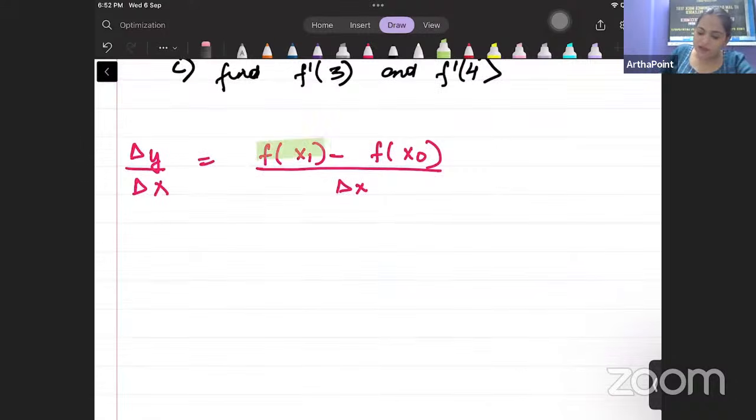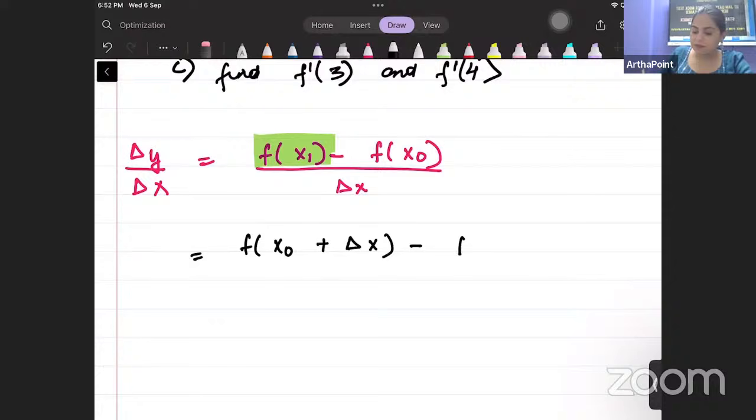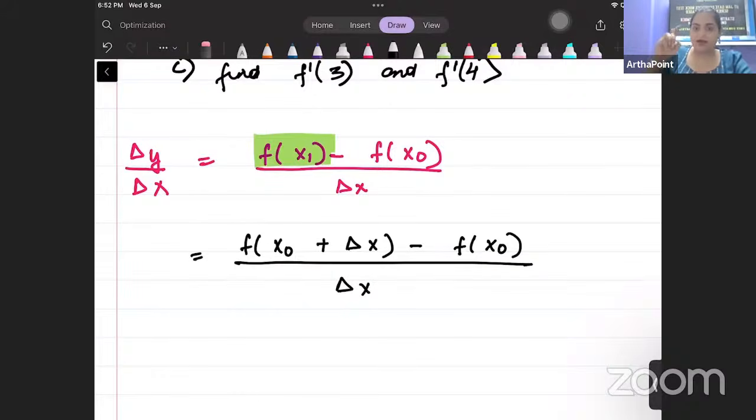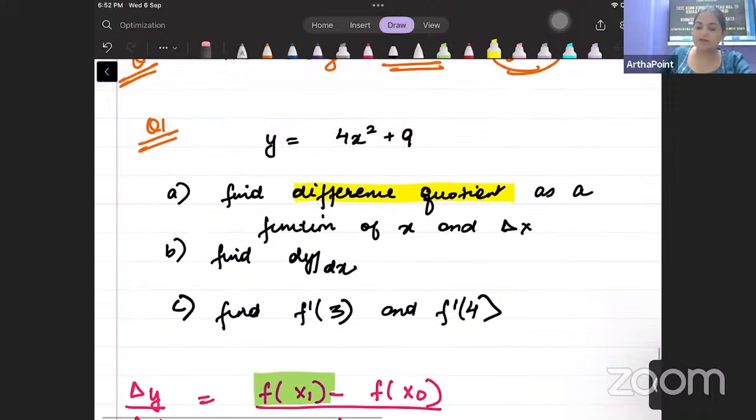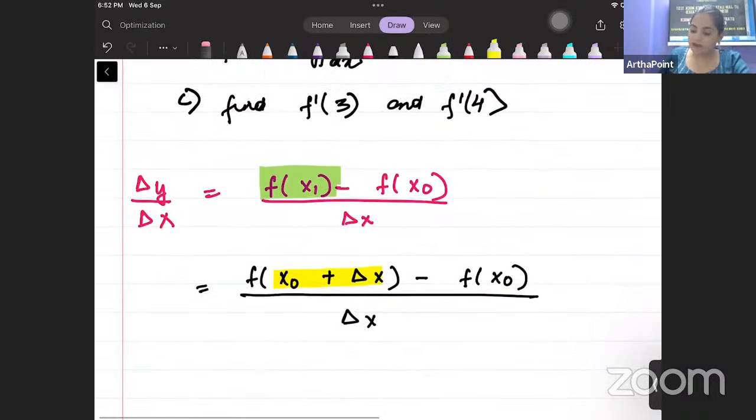This is f of x naught plus change in x minus f of x naught upon change in x. So one time, inside the function we have to put x naught plus change in x, and in the same function we have to put x naught and then find the difference.